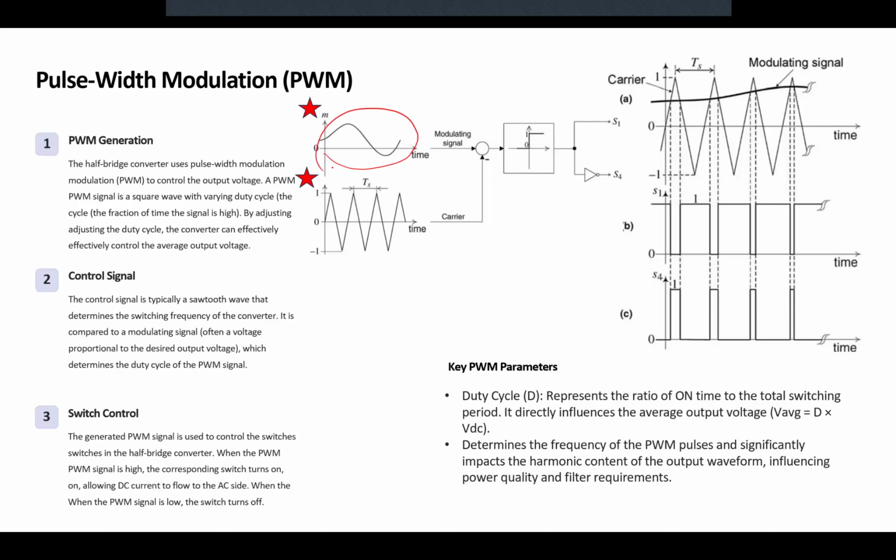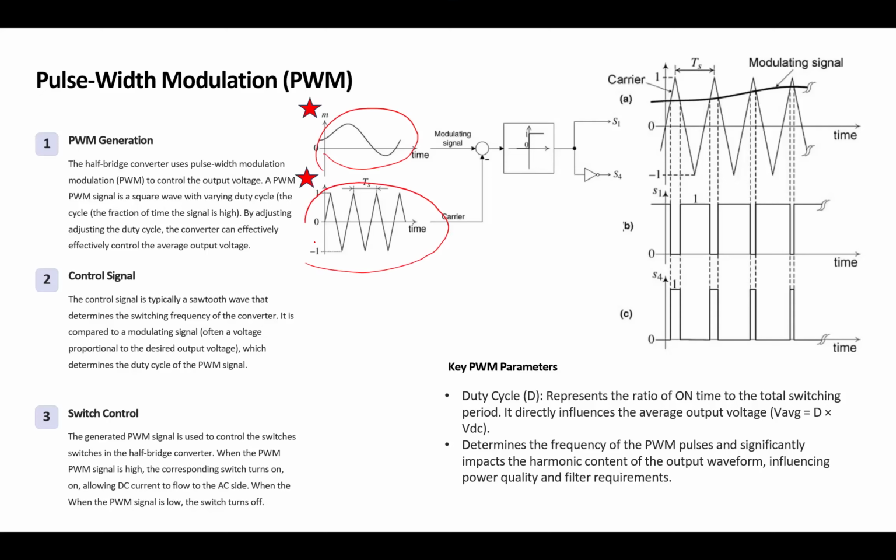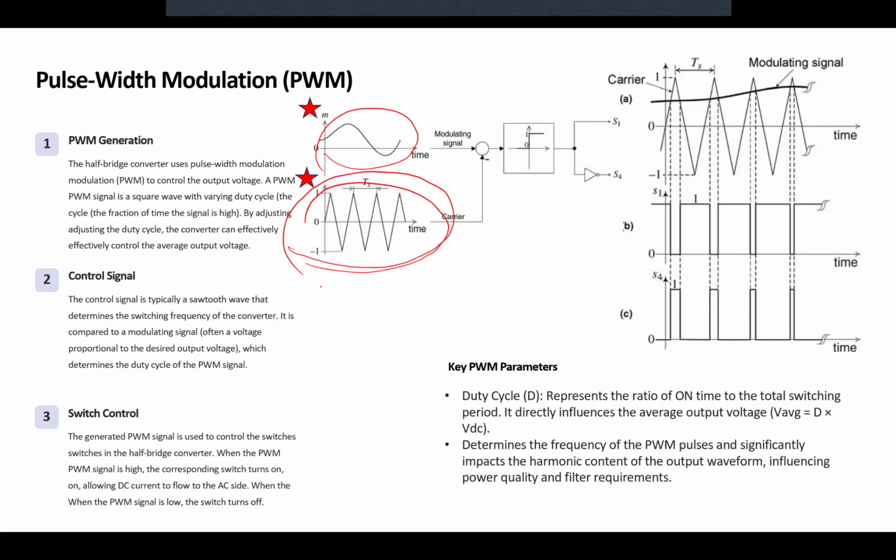Now, what the PWM does is compare the reference minus a per unit stable triangular wave signal.